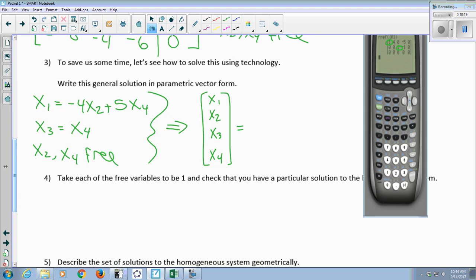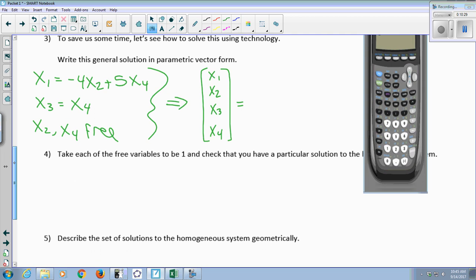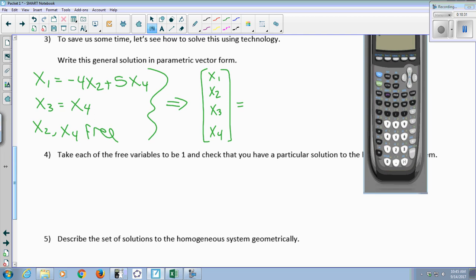I want to know what those equal. So this is the vector part of parametric vector form. You're writing the solution as a vector. The parametric part, the word parametric, the base of it is parameter. So your parameters are x2 and x4, your free variables.